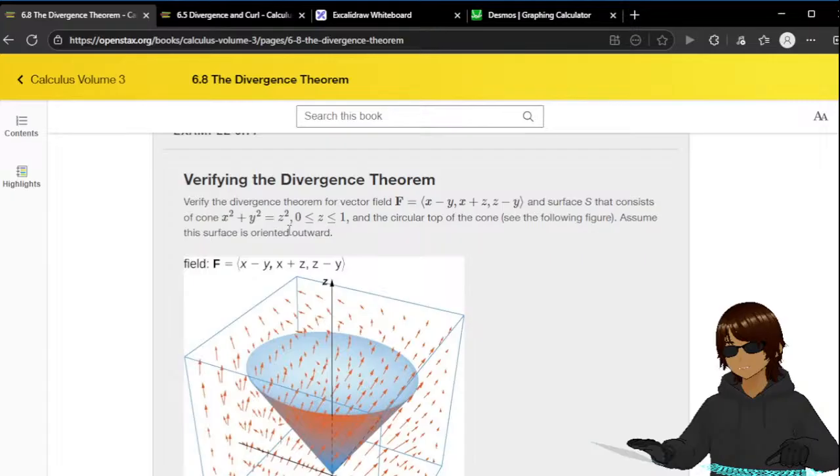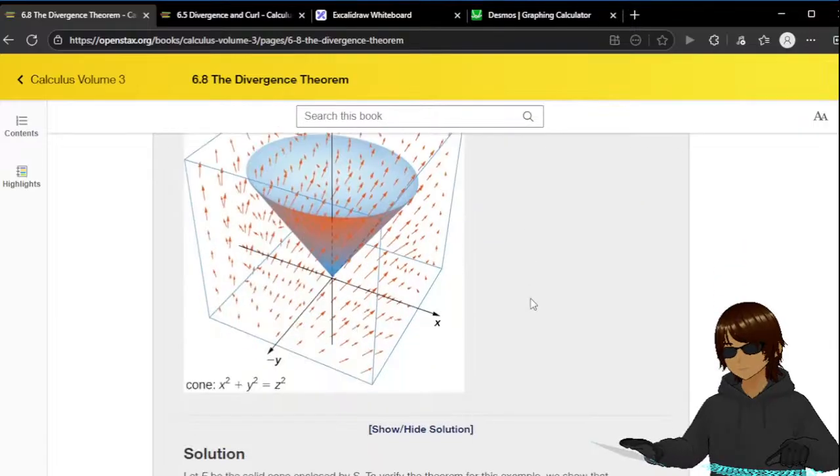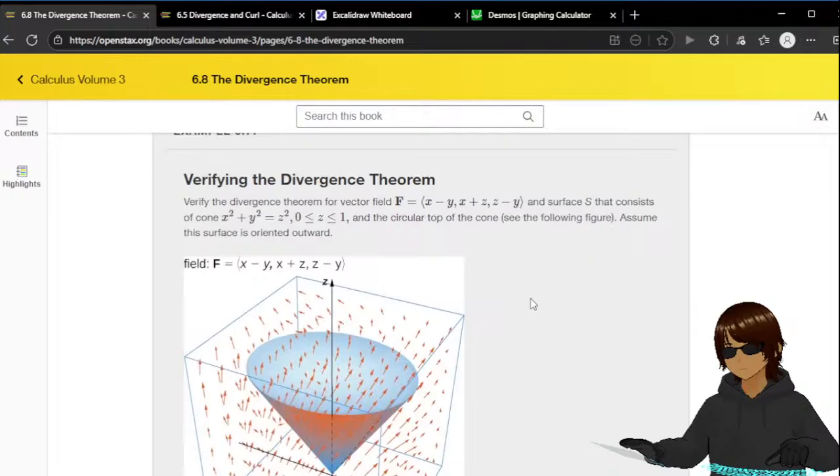R is 1, right? The max value of z is 1. So the radius is 1. We have x squared plus y squared equals z squared.